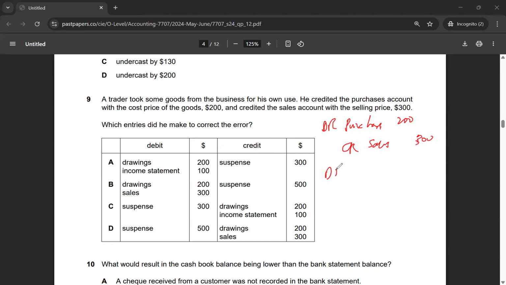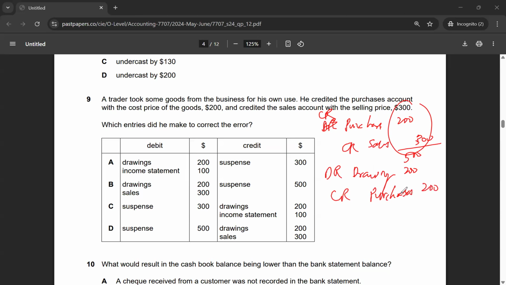Right, what he should have done is he actually credited purchases too. So if you look at it, he has credited in total of 500, right? So actually, if I look at this, I know the answer would be option B, but for the sake of explanation, I would say he should be debiting drawings 200, and then he would have to credit purchases in order to reduce the cost of goods sold, right?